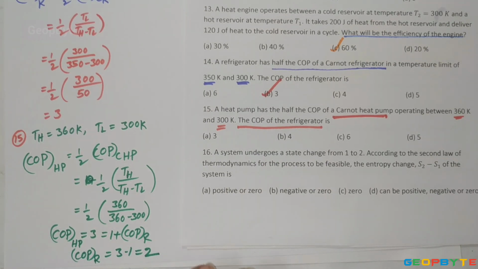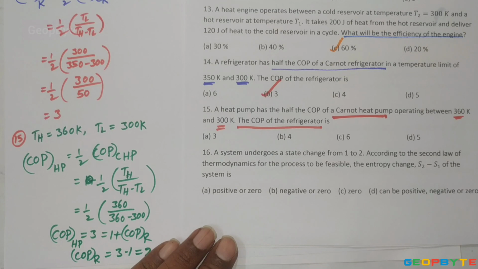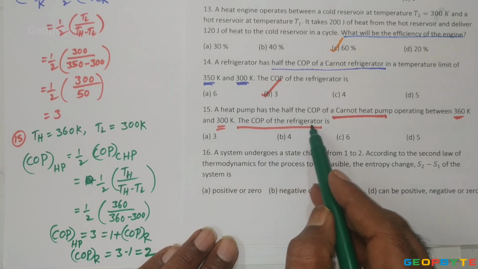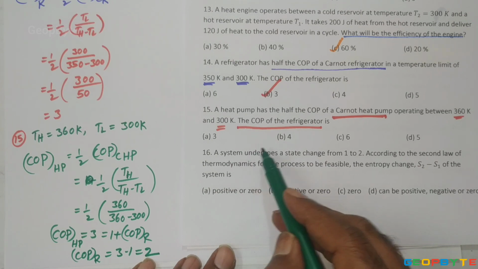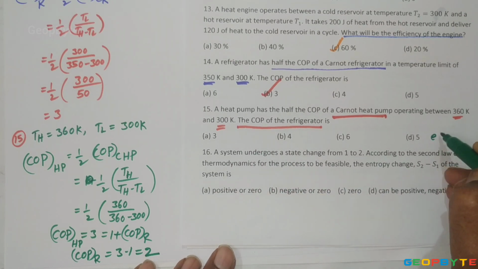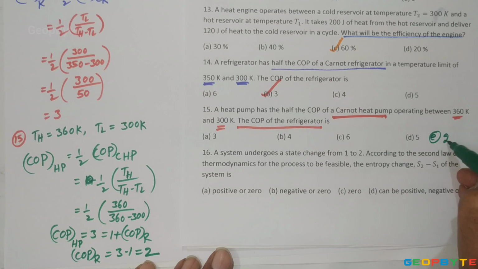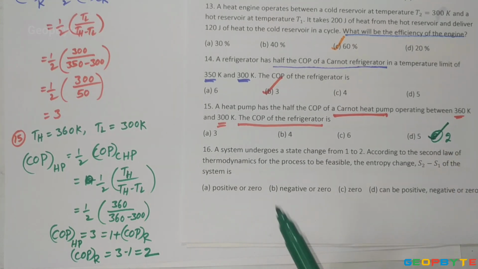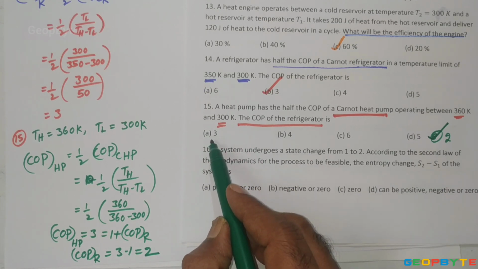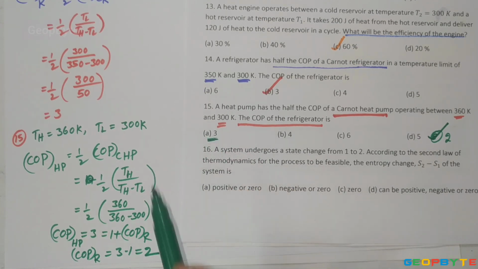So COP of refrigerator is 2, but options are not available. Let E be the 2, then this E is correct. If it is asked COP of the heat pump, option A is correct.